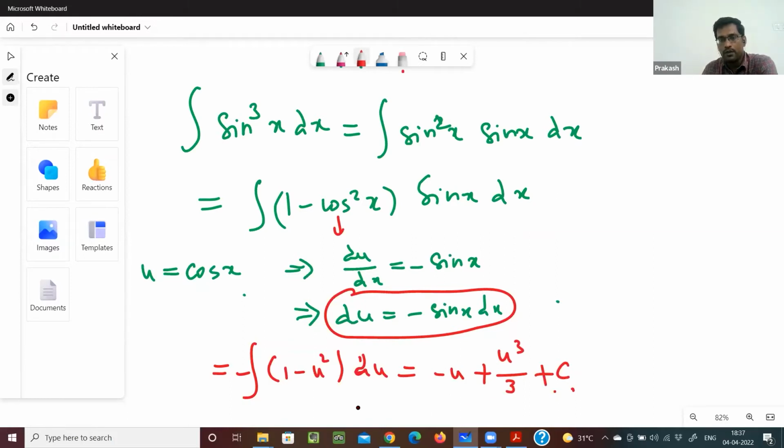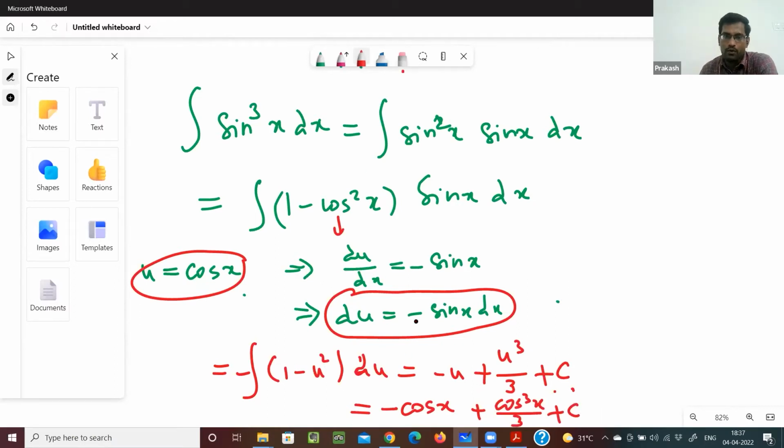Already we know what u is, just substitute here: minus u is already here, we assumed cos x. So then you need to substitute cos x plus cos cube x by 3 plus c. So this is one way.